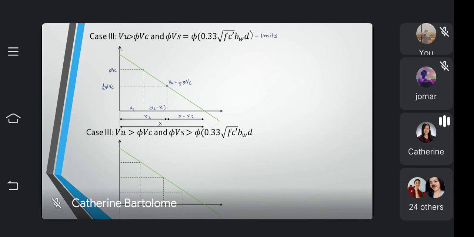Okay, so this is your VU max and it is greater than VBC. Nakikita nyo naman sa graph that it is greater than VBC, right? Okay, so let's analyze this area. What is this case?